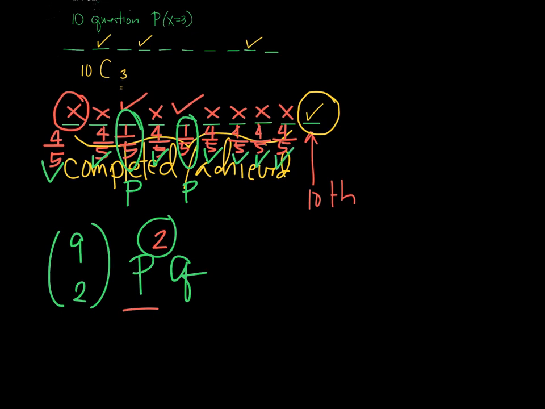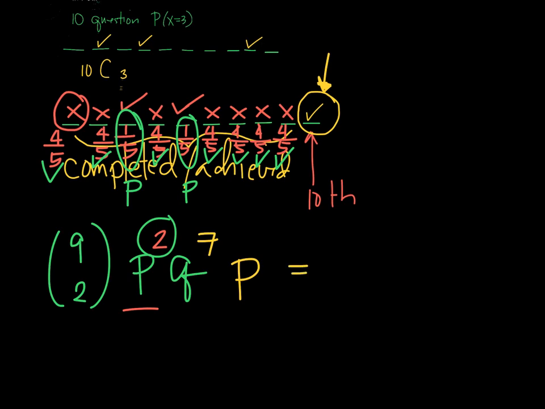That means the probability of failure is Q raised to 7. Okay, but don't forget that you still have a success on the 10th question. So all in all, you have times 1 more p.